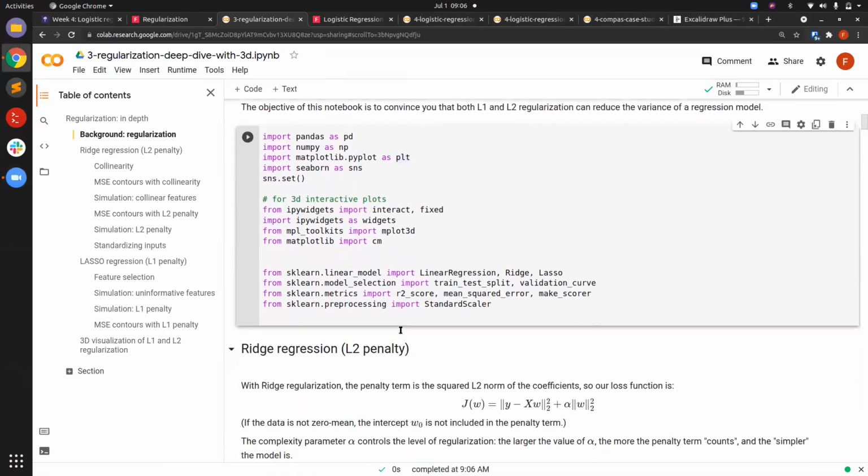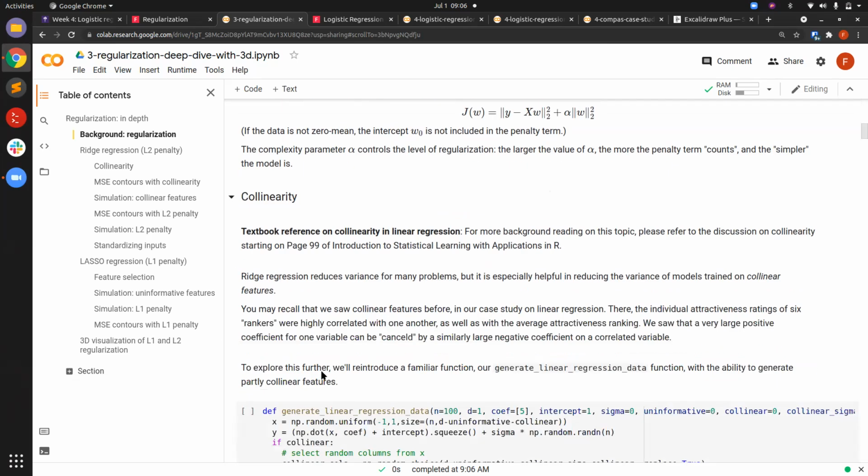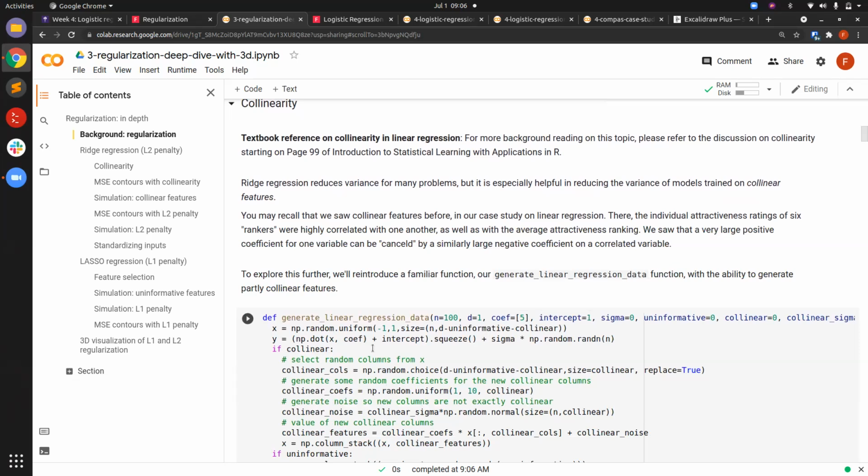So to start off with, we'll look at ridge regression, which has an L2 penalty term. And we'll focus mainly on how it helps when you have features that are fully or partly collinear. We've thought about collinear features a couple of times before. We saw them in our case study on linear regression with the teaching evaluation data set.